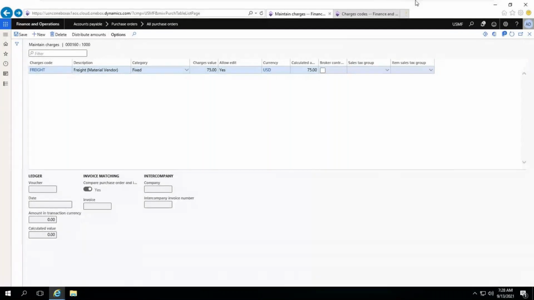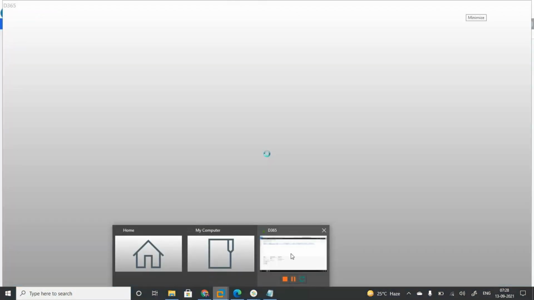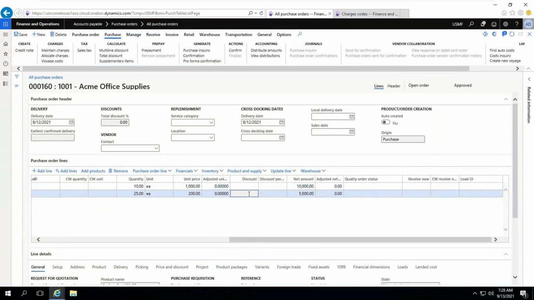Because the cost price should be updated properly. Based on this splitting, the cost price of the item will be changed. Second line also it will be shown. Look at this one. Financials.